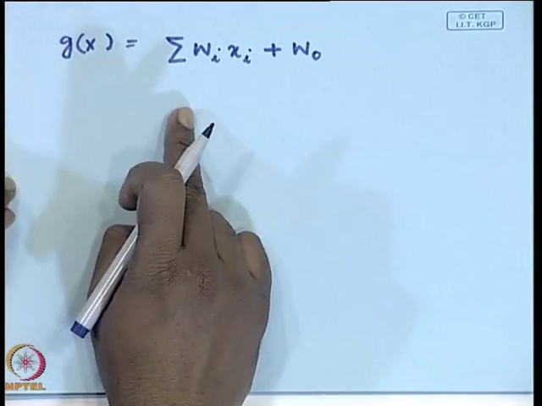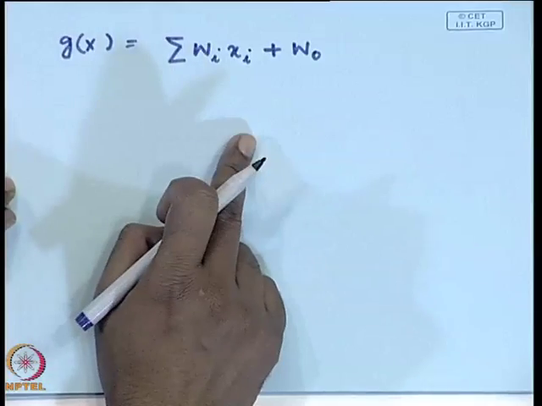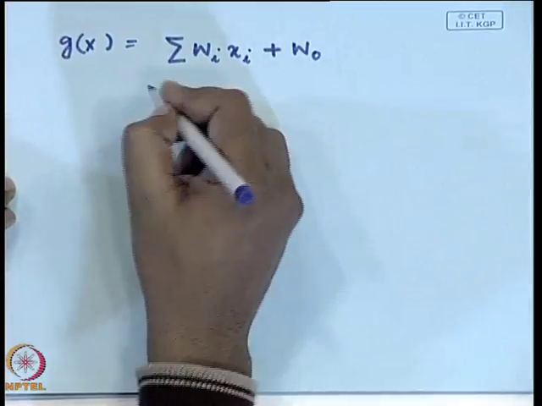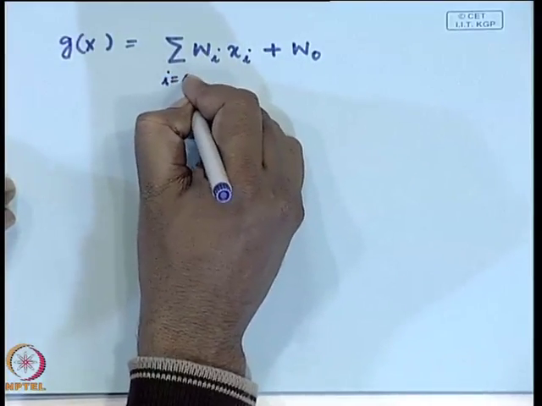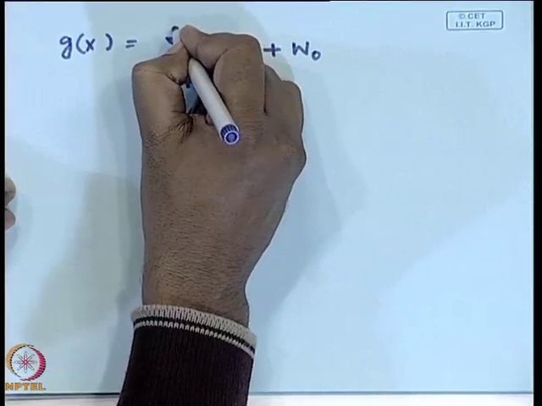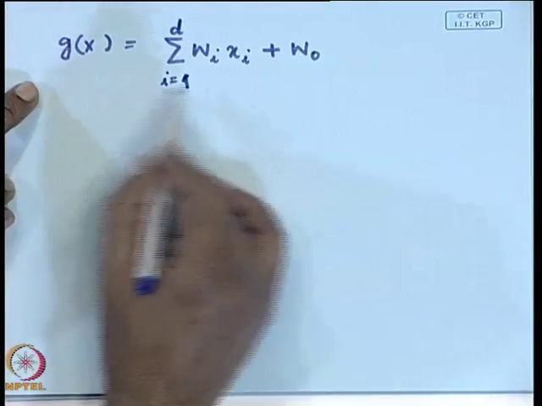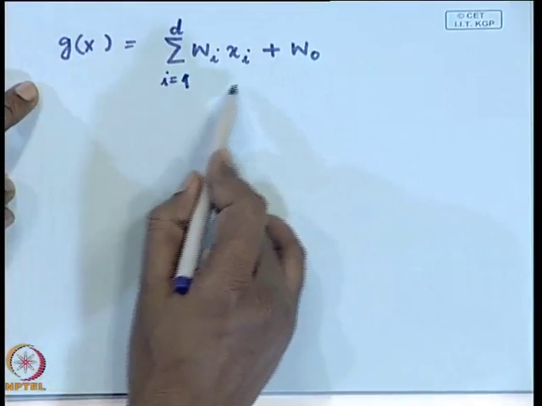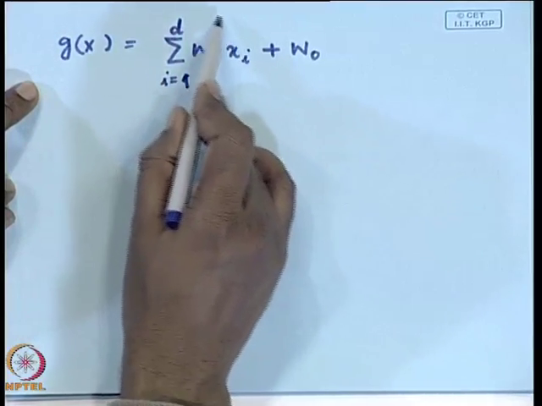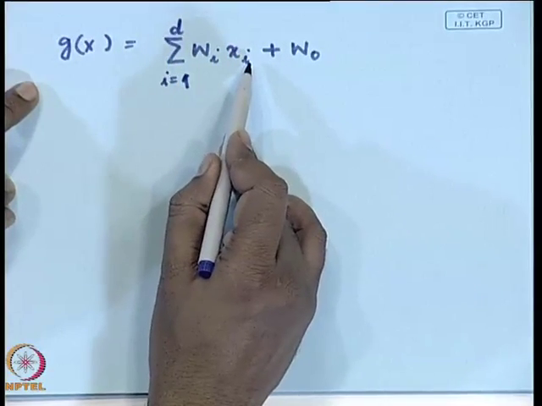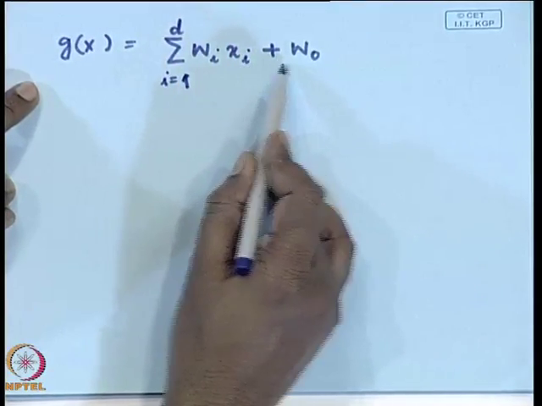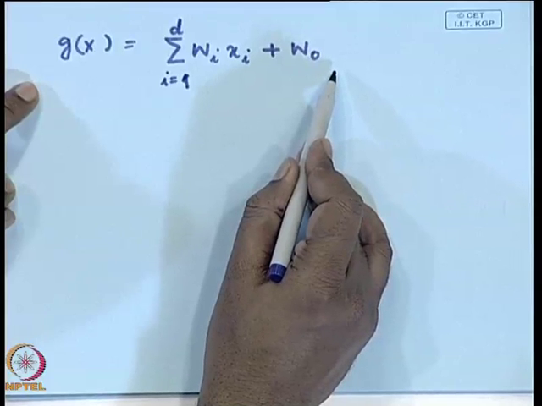So, it becomes sum of w_i x_i plus w_0, where i varies from 1 to d, because I have d number of components in the feature vector. So, you find that this is nothing but a linear combination of the different components of the feature vector x_i plus a threshold term, which is w_0.